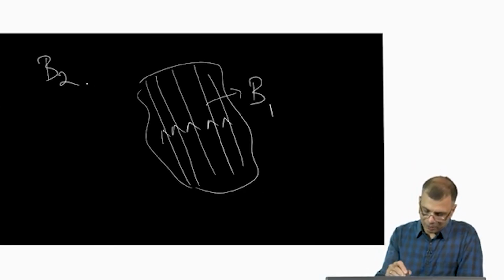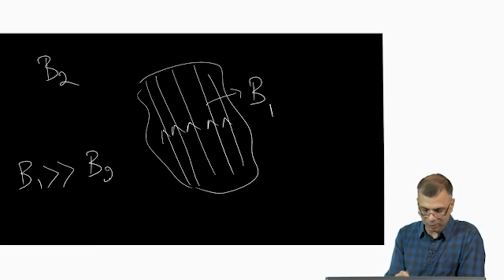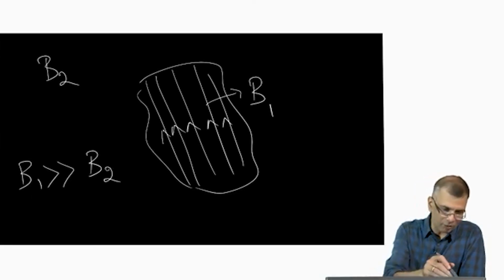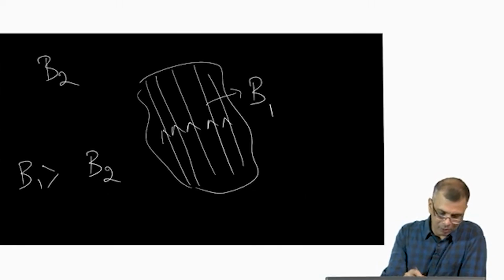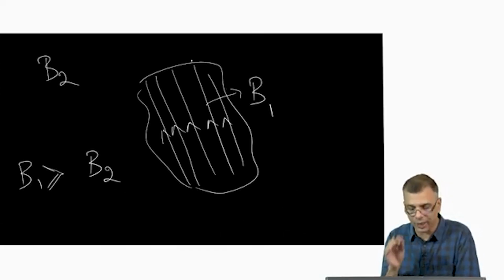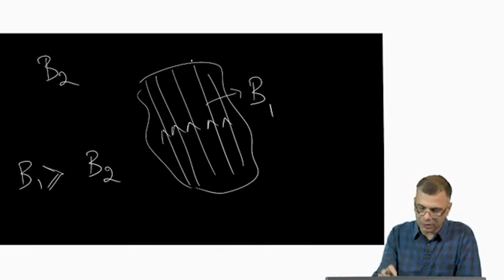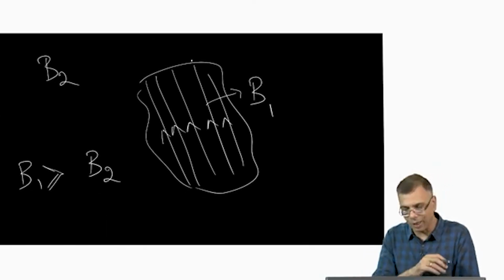Except this is a magnetic flux bundle, therefore B1 is larger than B2. There is a flux bundle, therefore there is a concentration of magnetic field lines. So, the magnetic pressure inside this volume is larger than the magnetic field outside.